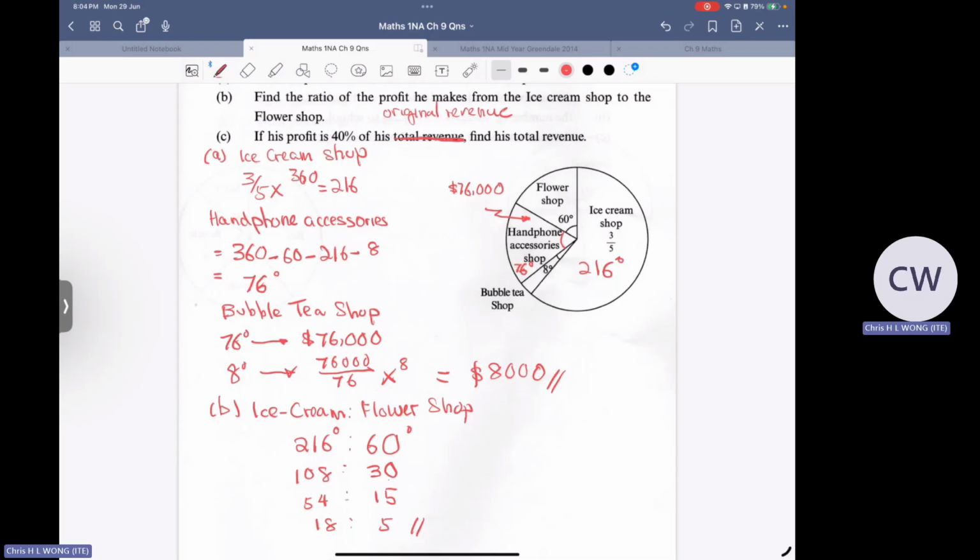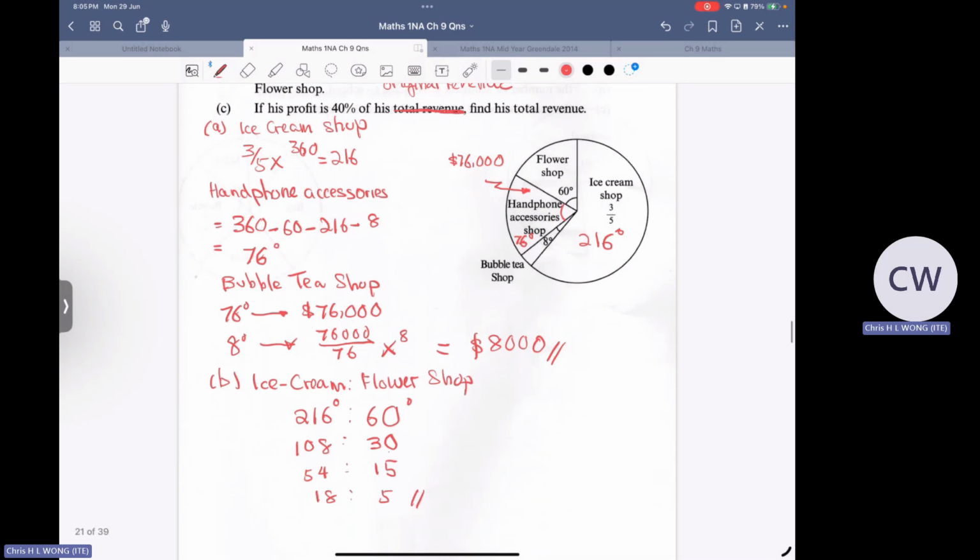Very good. 140%. 40% is my profit. If I say 100%, what is 100%? Original value. 140 is the profit plus original value. Yes. So this one, find the total revenue. They are asking you to find 140%. You are right. Okay. Let's start.